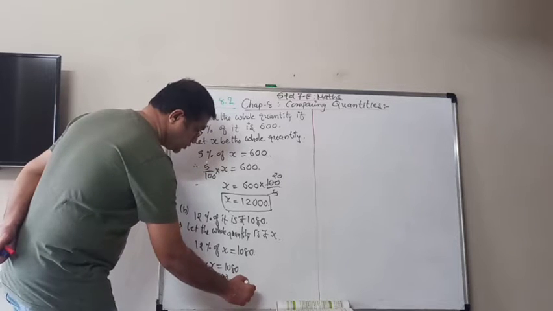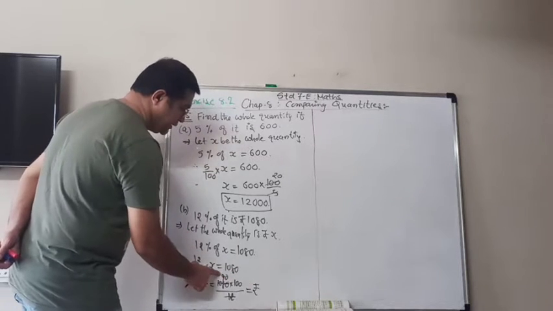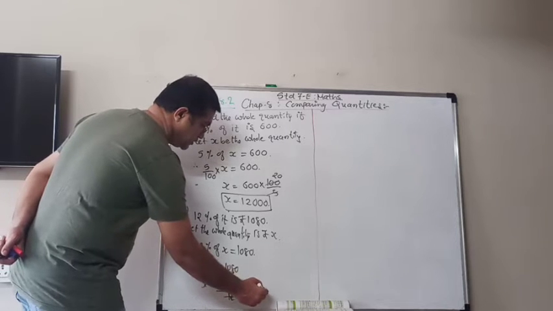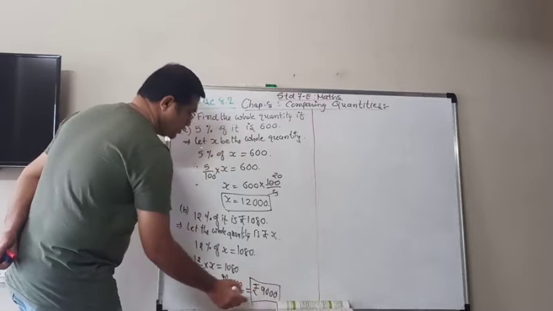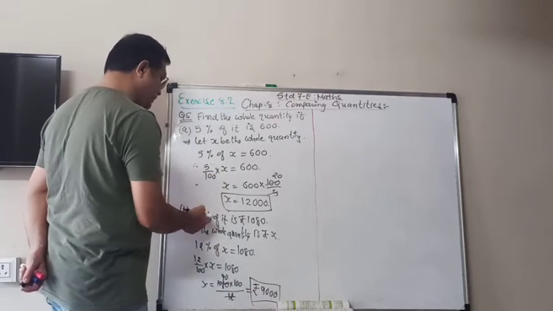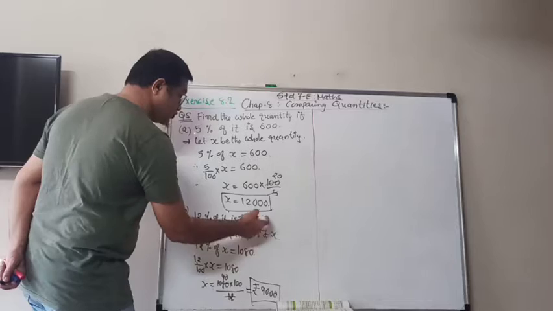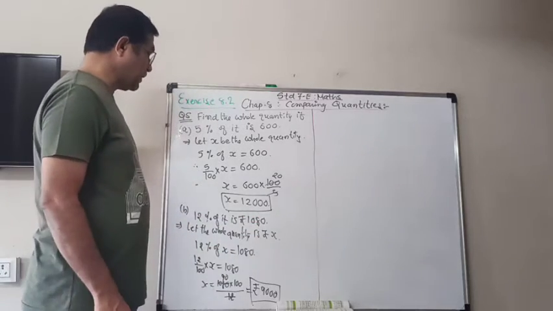So that is equal to rupees how much? 90 multiplied by 100, so rupees 9,000. So 12% of 9,000 will be 1,080 rupees.